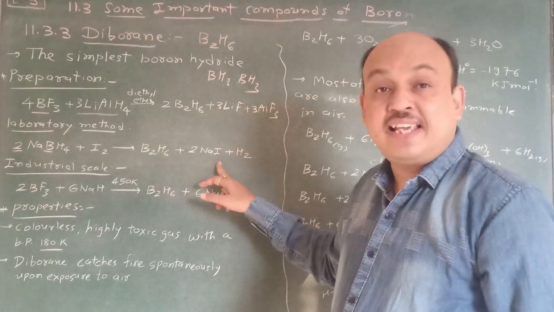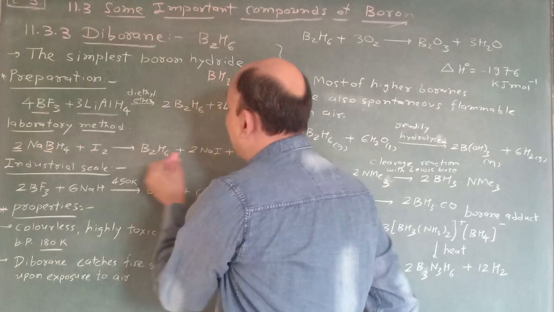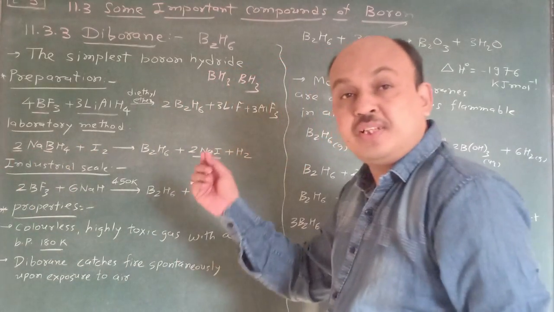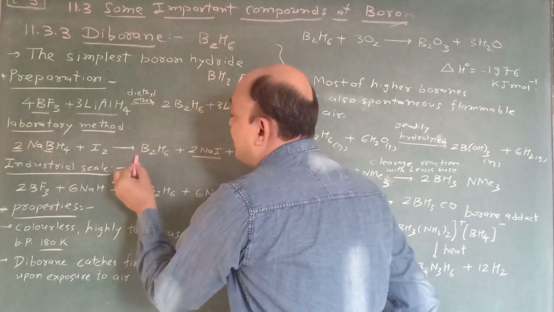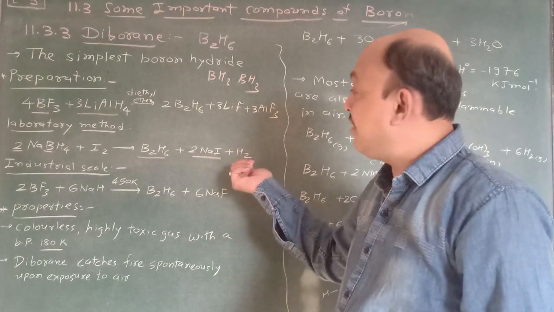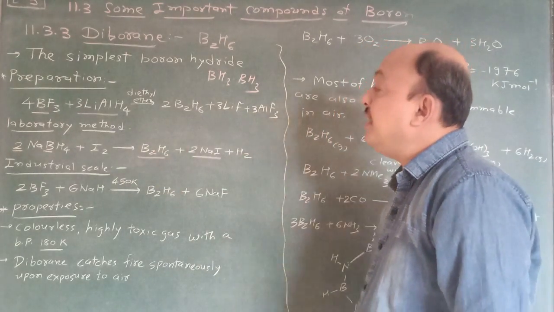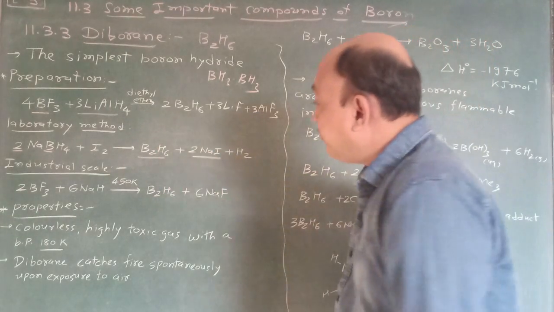It gives 2NaI. So first of all, remember here Na is there and I is there, so NaI is certainly the byproduct. Another, here B2H6. First of all, you write down this, and now which thing is left? So you write down this plus H2. So this is a laboratory method to prepare B2H6, or diborane.